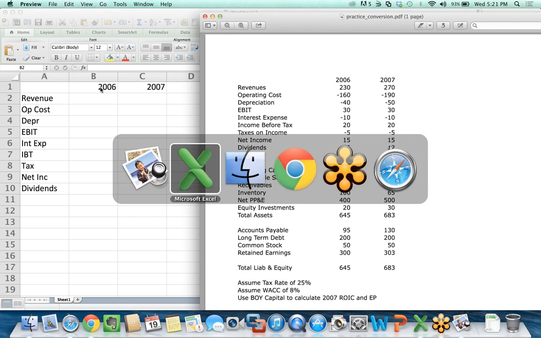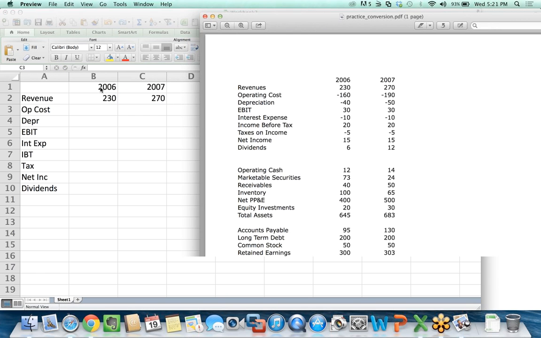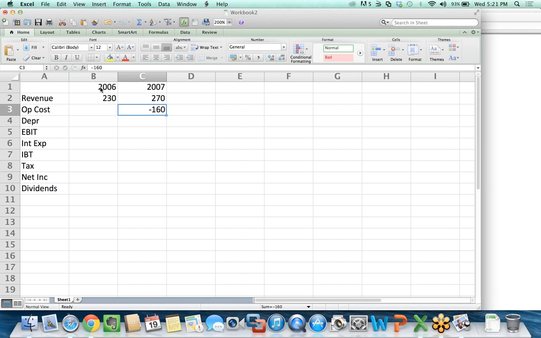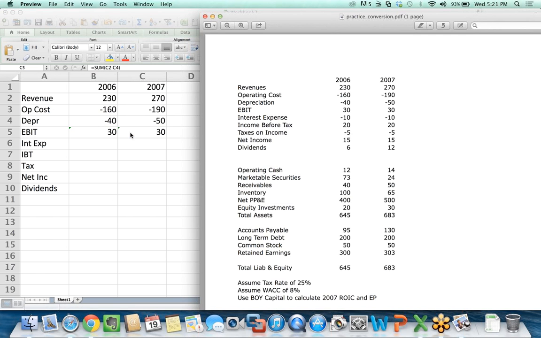And those numbers were 230, 270. Negative 160. Negative 190. Depreciation was negative 40, negative 50. That gives us EBIT of 30 and 30.